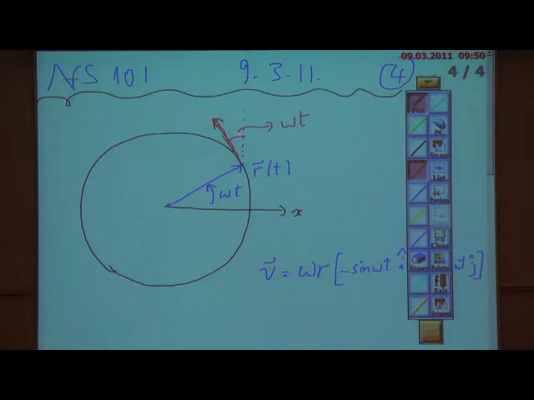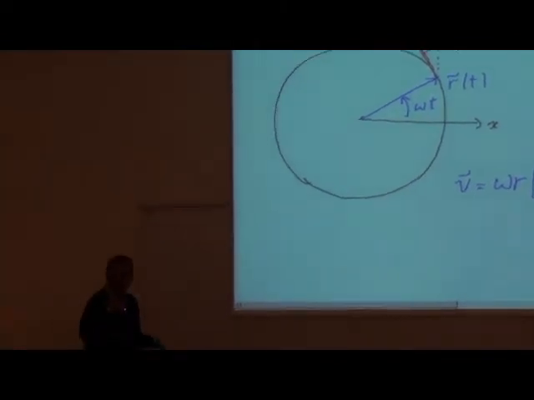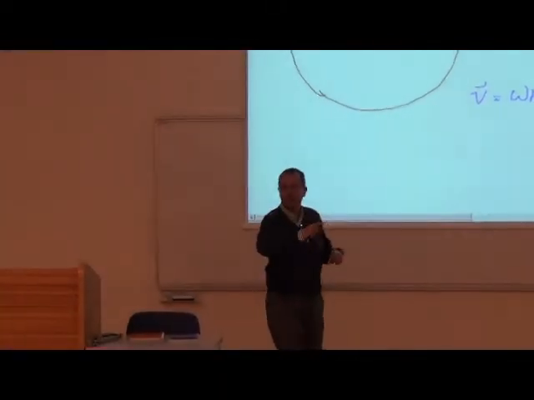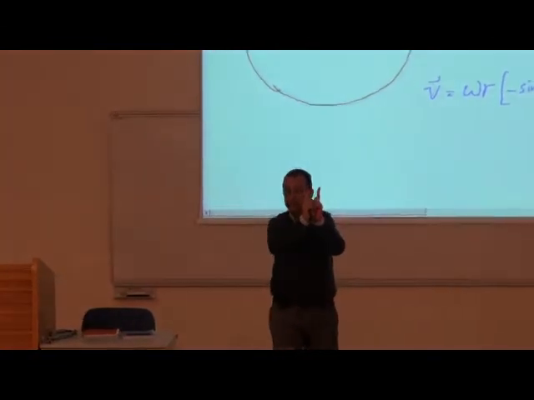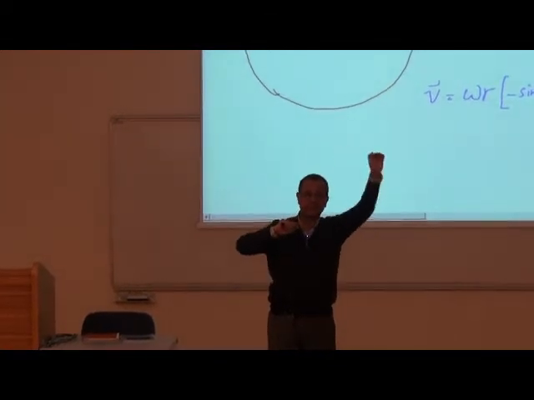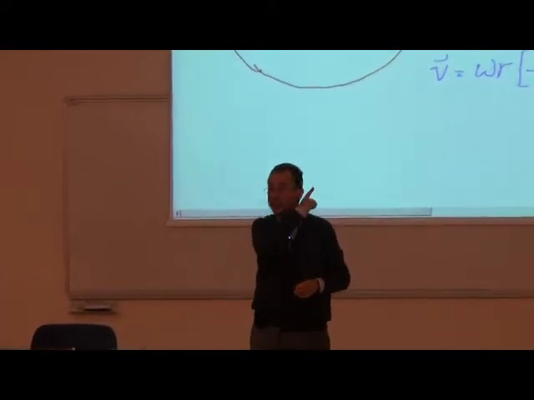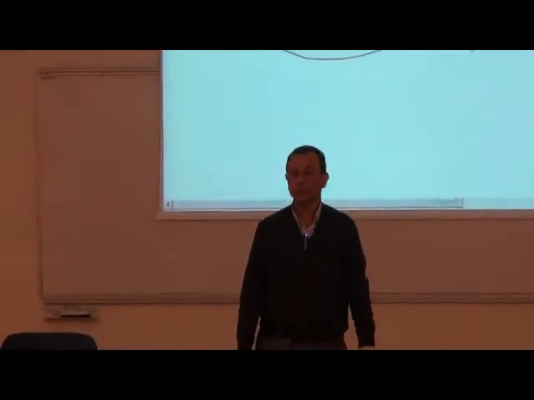The tangent has components minus sine, plus cos omega t. So this time, by taking a derivative, I found the velocity vector algebraically, and then I went to my picture and looked for the vector whose x component is minus sine omega t and y component is plus cos omega t, and that is the tangent vector. Okay?